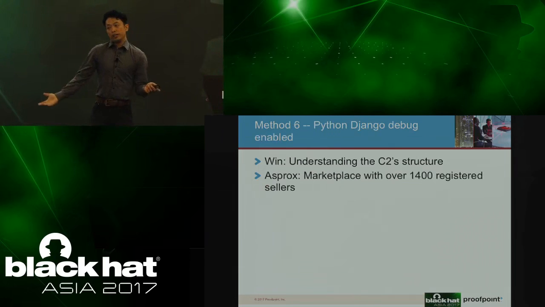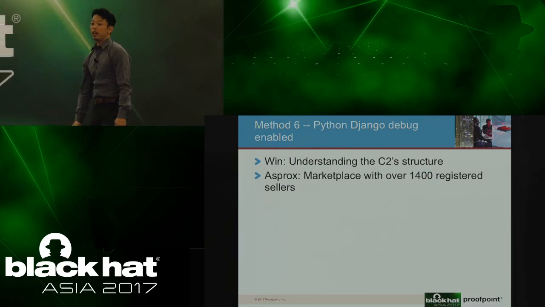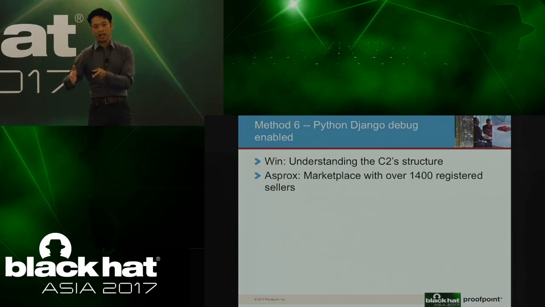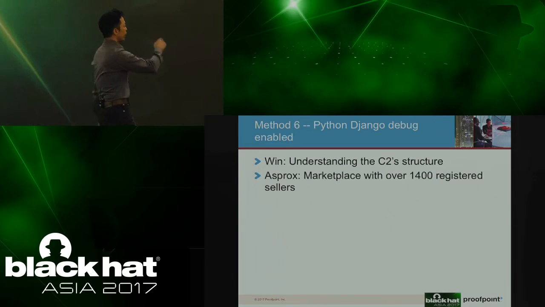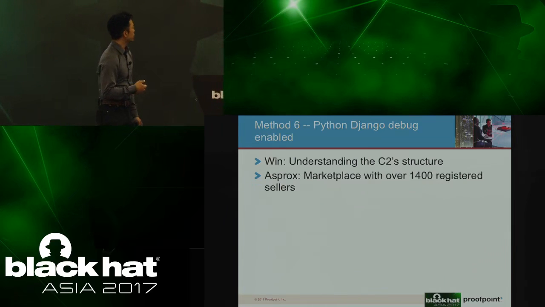Not everybody uses Python. Some actors like to use PHP. Some actors do use Python, right? If you realize that this actor is using Python for their command and control server, you can use Django. If they turn the Django debug on, and who turned it on when we were researching this?